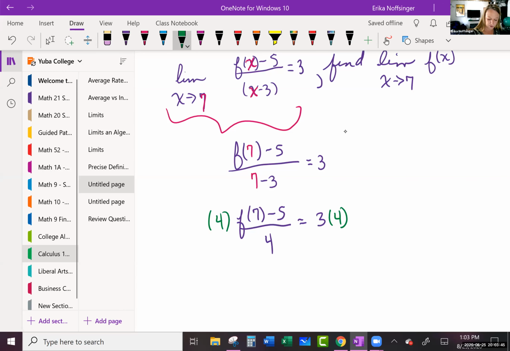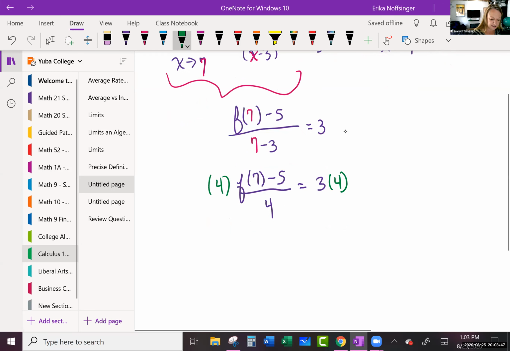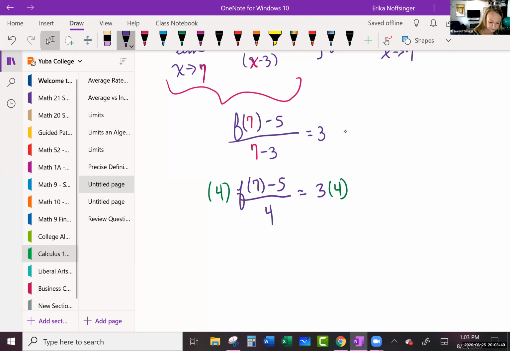When we do that, we get f of 7 minus 5 is equal to 12. To isolate f of 7, we add 5 to both sides. So f of 7 is equal to 17.